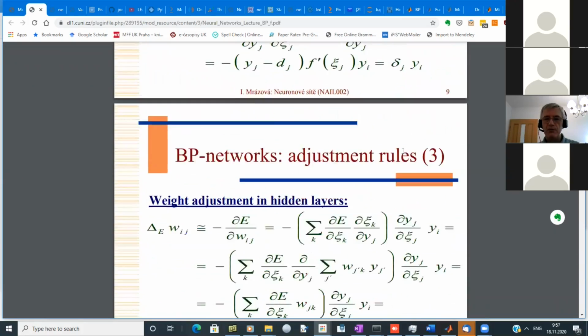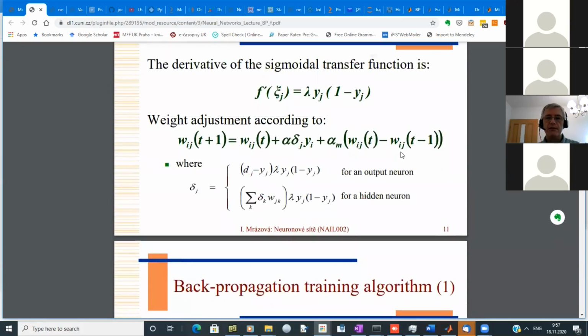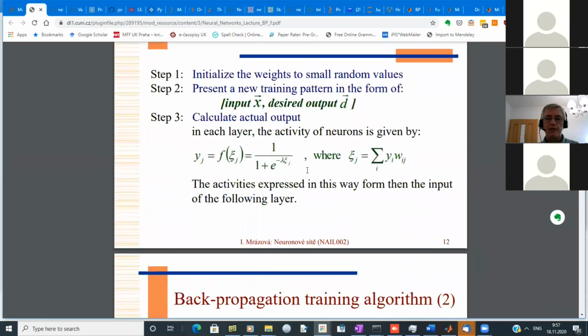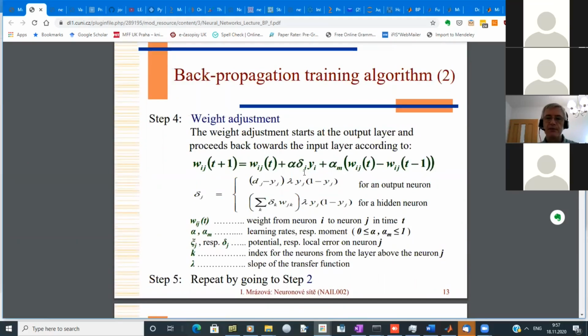As I said, I will not go into the detail of deriving the formula. We will not regard the term with momentum, so alpha sub m is 0 for us, and we will just look at the first two terms: the original weight and alpha times delta j times yi. So this is the summary. Let us use slide number 13.